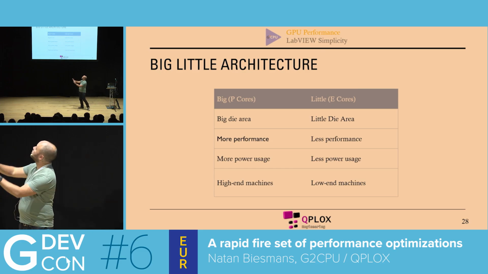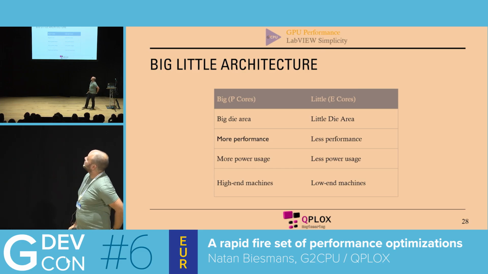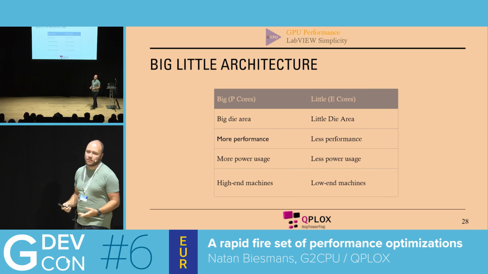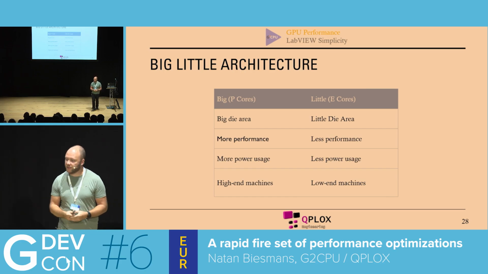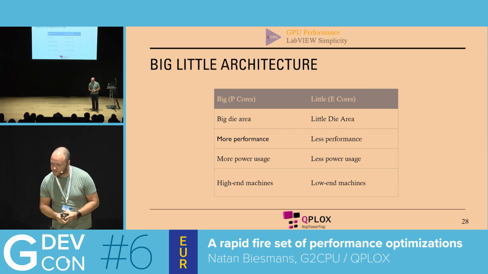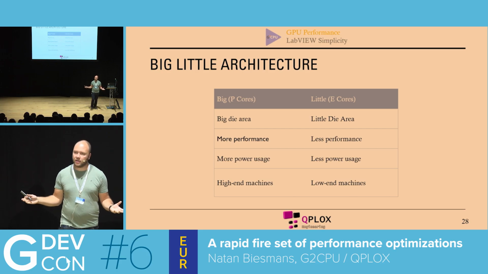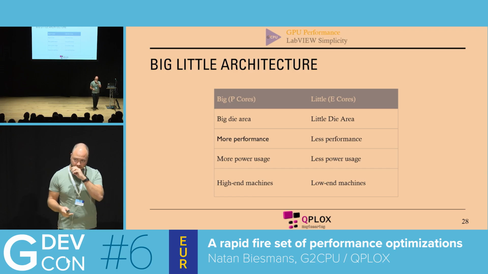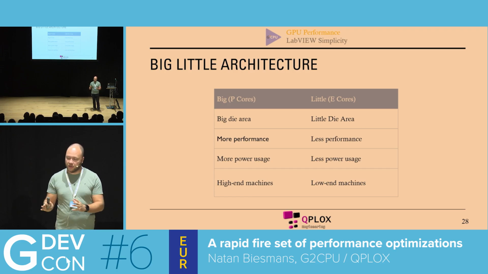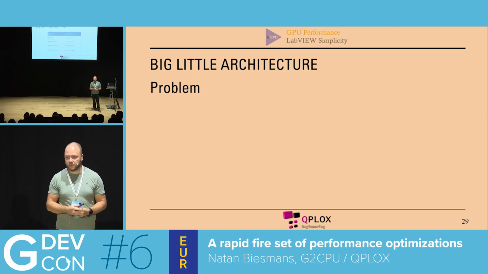If we go to efficiency cores, these little CPUs, as the name might suggest, take up less space, have less performance, less power usage, so less heat, and you will often find these in laptops and lower-end machines, or a larger distribution of these.